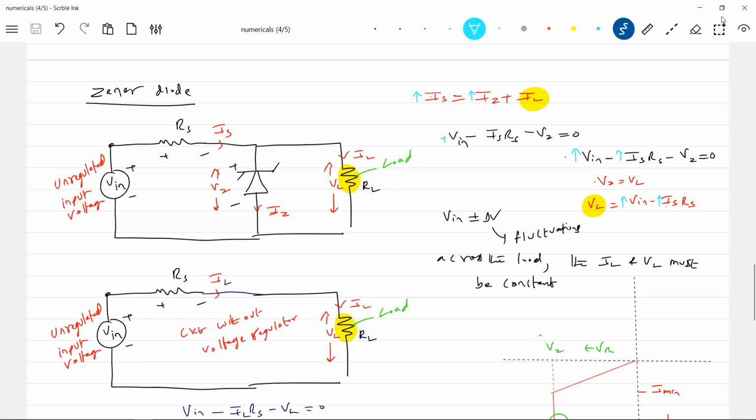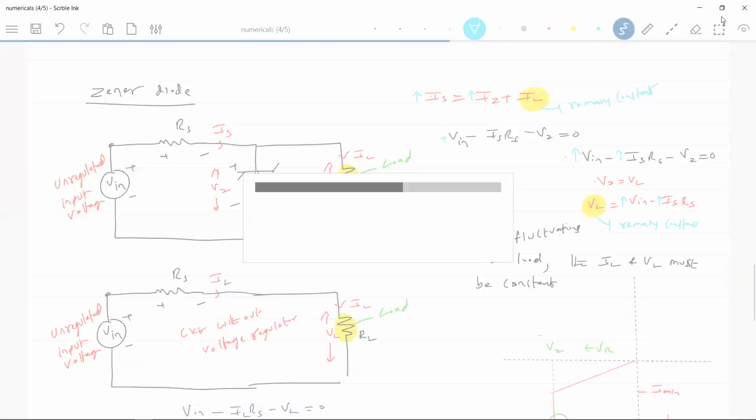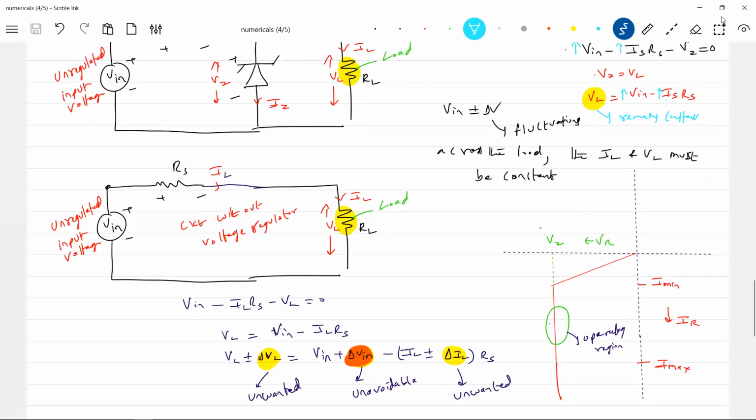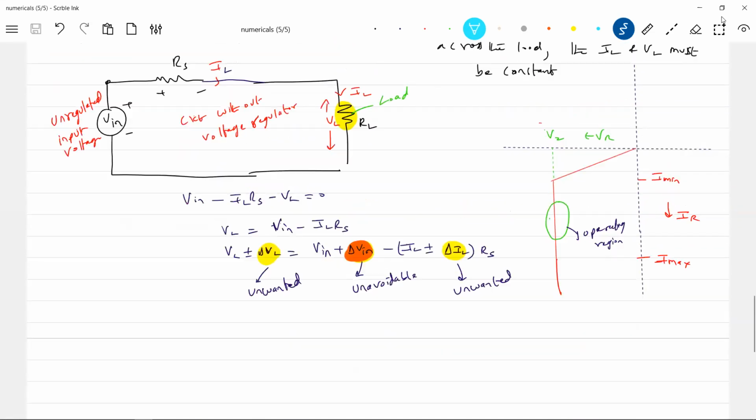So you have to write strictly that it remains constant. So who is a voltage regulator?